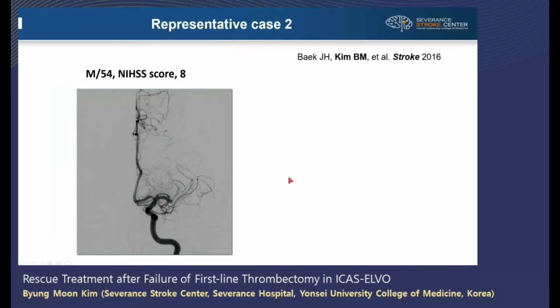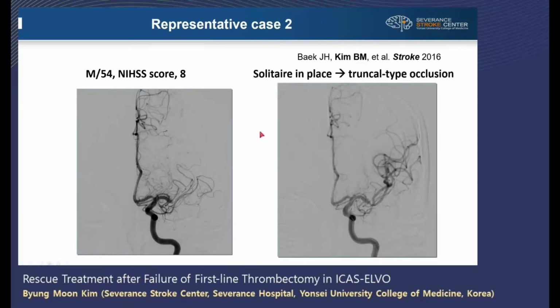In this case, the patient presented with an NIHSS score of 8 and the angiogram showed left M1 occlusion. Angiogram with the solitaire in situ shows a truncal type occlusion. You can see the bifurcation area is spared and all branches of the left MCA are visualized with the stent retriever deployment.